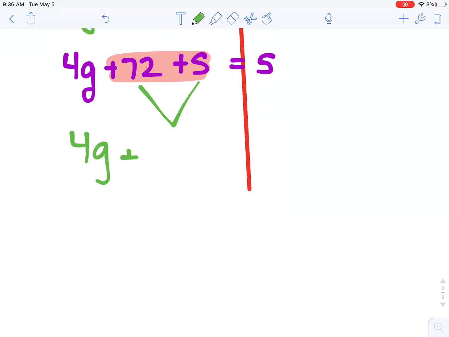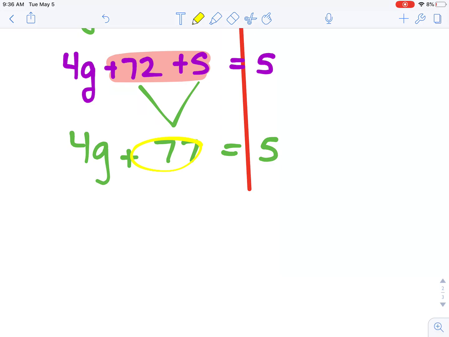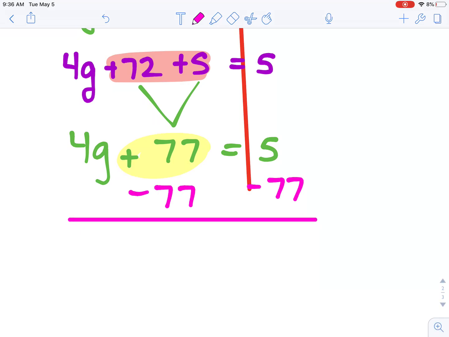So 4G, 72 plus 5 is 77. Now, if we're moving to the other side, this is where we do our inverse operation. So if it says plus 77, we are going to subtract 77. And we have 4G equals negative 72.